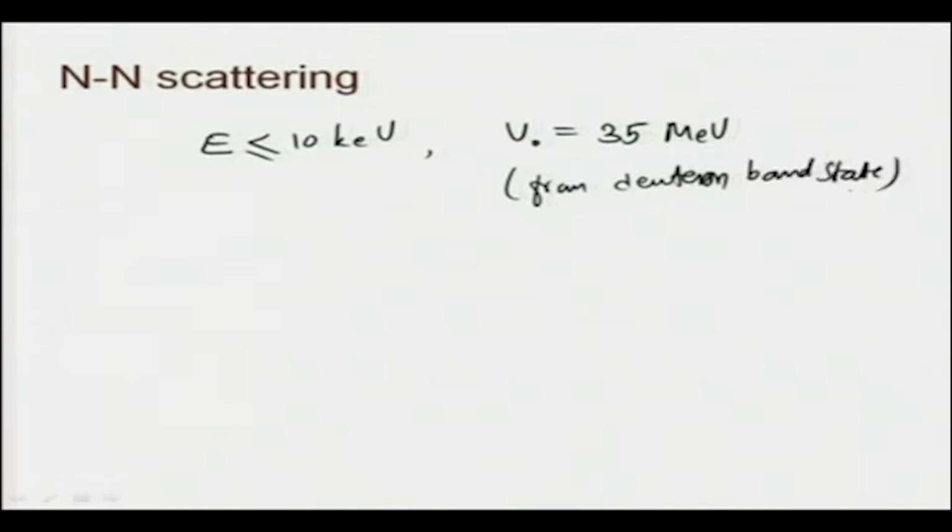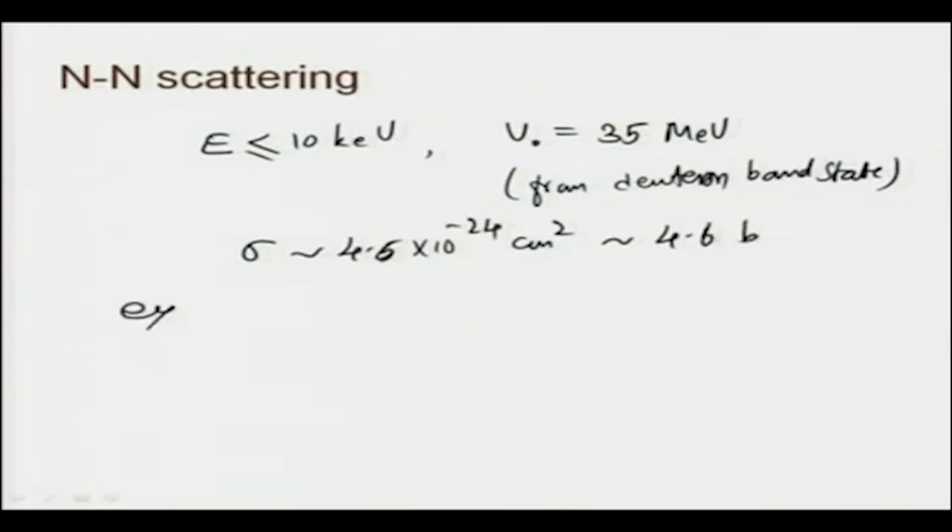Okay. Now, we can put this back in our expression, and then we can extract the delta 0 from the earlier expression that we had written down, and put that back in this cross section. It corresponds to something like 4.5 or 4.6 times 10 to the power minus 24 centimeter square, or 4.6 barn.